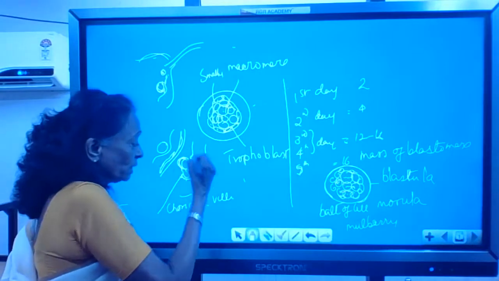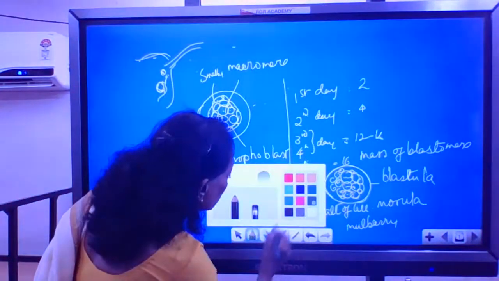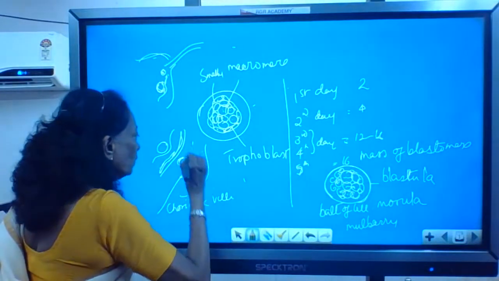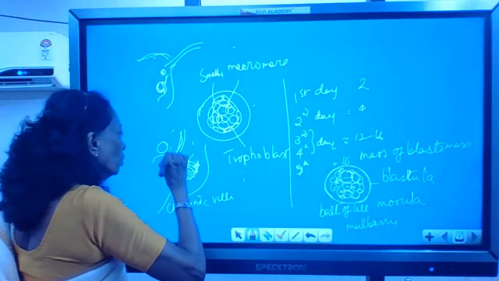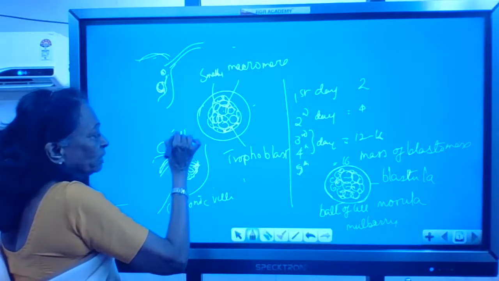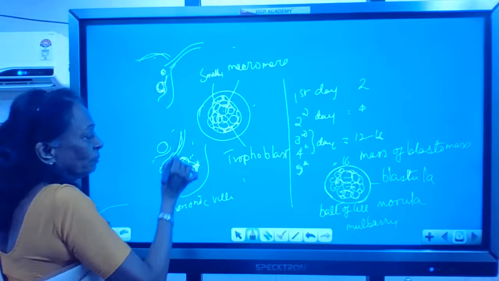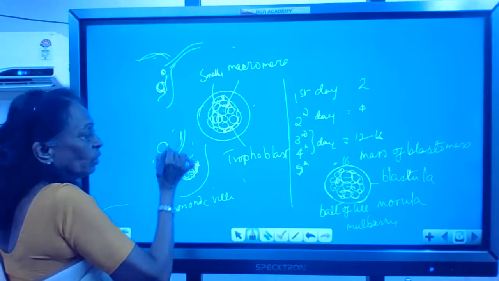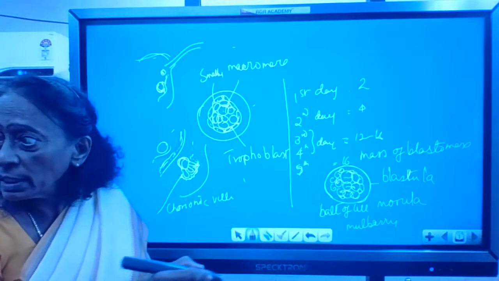So this is the uterus. Say this is the uterine wall. The blastula erodes the uterine wall, and this is the maternal tissue, the endometrium. This is the myometrium. Now the endometrium has the blood vessels and follicular cells.